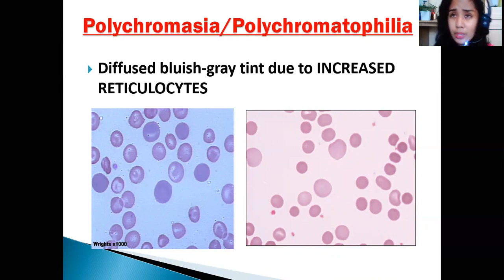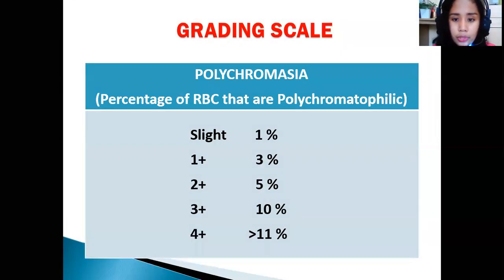You should only see one, two, three in a smear. So if it's more than that, 2%, 3%, this is the case of stress reticulocytes. It can result in polychromasia because reticulocytes are blue-gray in color. So polychromasia, you have to grade it as well.